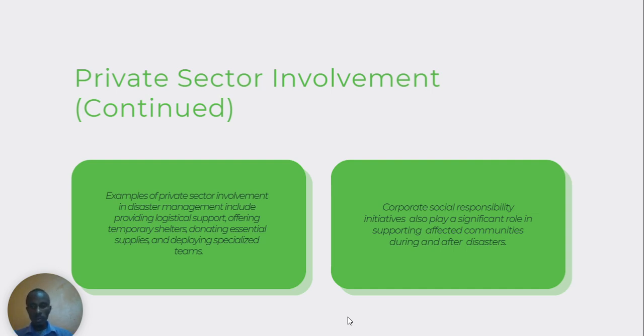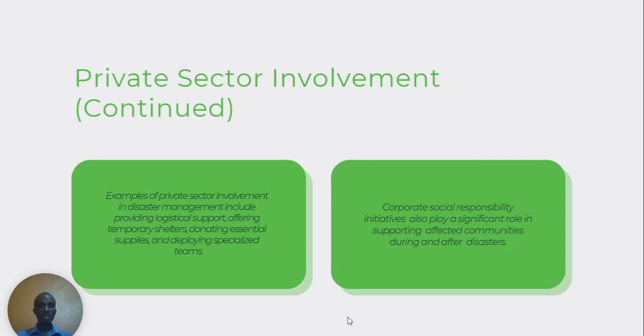So sometimes they do this using a phenomenon called corporate social responsibility. So this is more of the things that business people, all these private sector people, can do, that is beyond the expectations by the public.